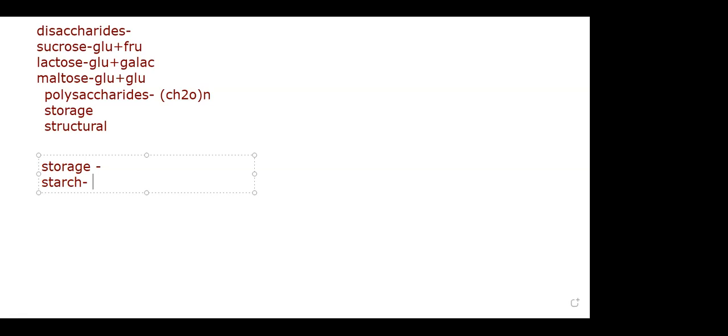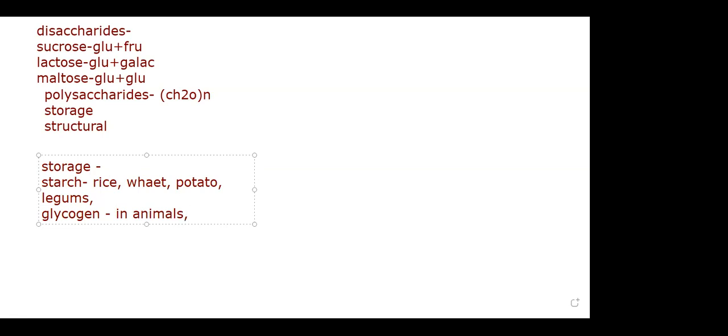Starch is abundant in rice, wheat, potato, legumes, etc. It is formed during photosynthesis and is used as energy storage in plants. Animals have glycogen.